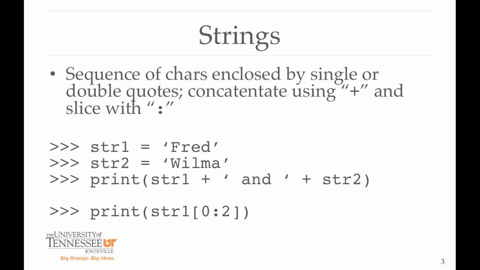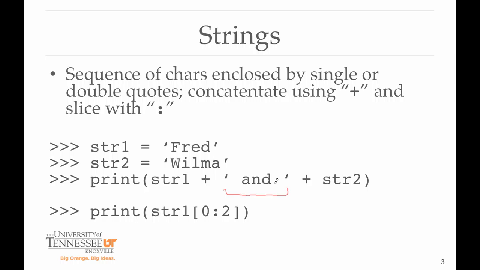What we're trying to print is the str1 string, which is Fred, concatenated with a string which is basically a blank followed by the word 'and' followed by another blank. So in this case you've got 5 characters: a blank, A, N, D, and then another blank.